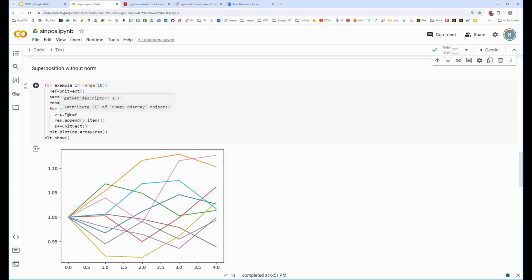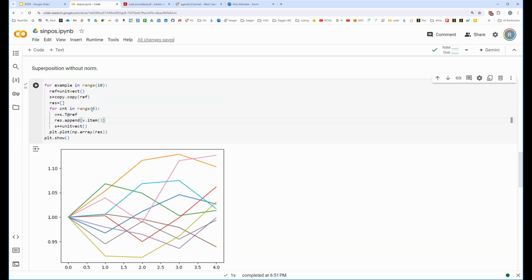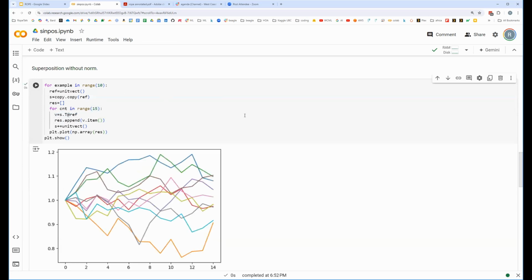So this is, as I add more and more vectors in, what is my ability to pull out the original vector, and out to 4 it doesn't grow too bad. If it goes larger, it's still saying it's there.